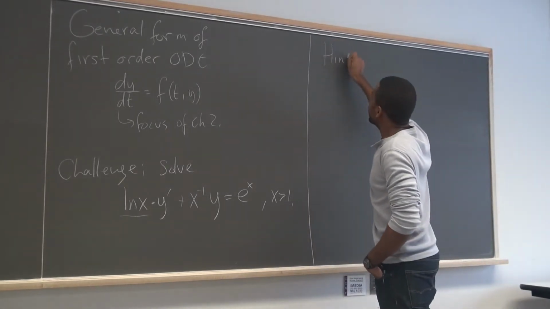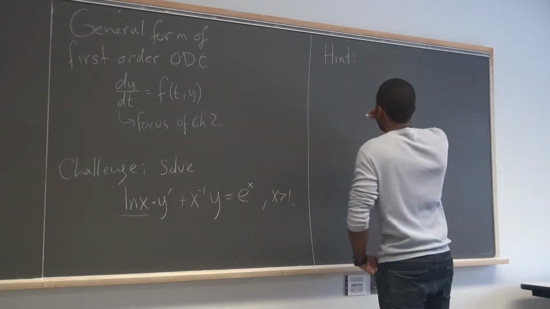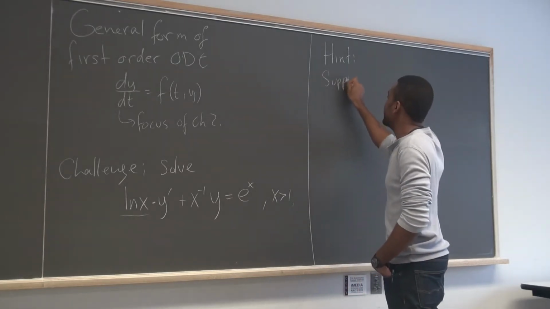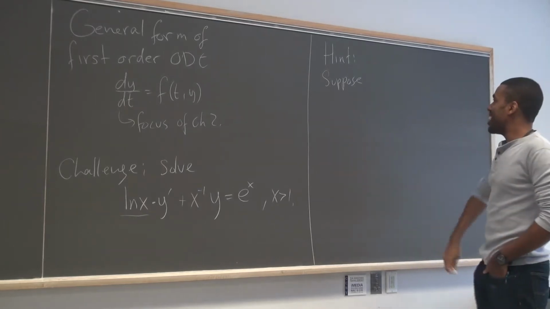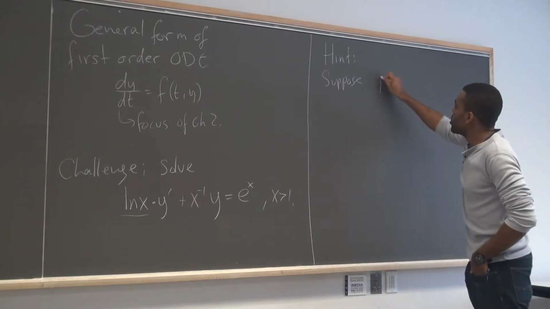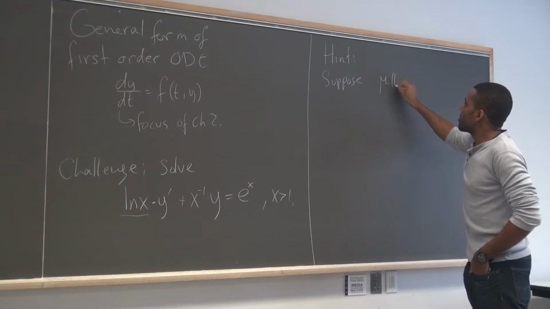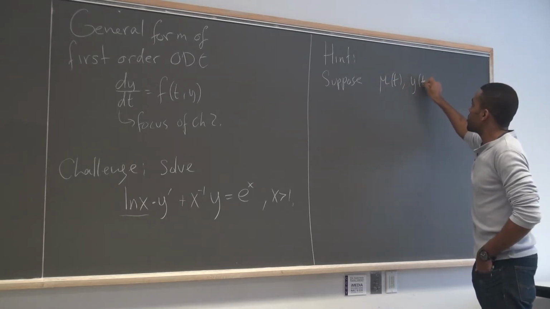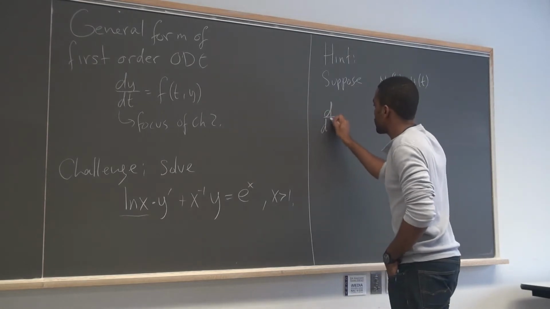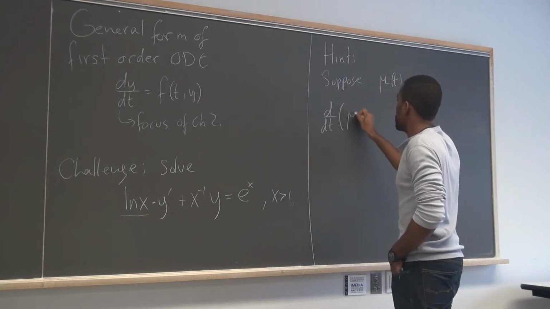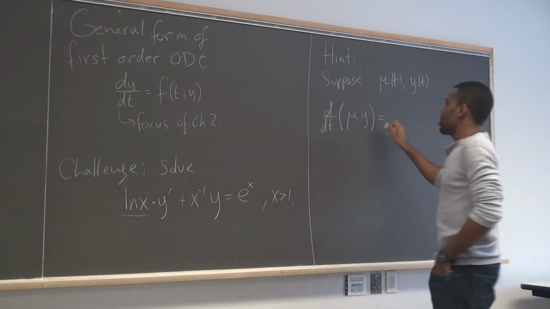I'll give you a hint. Suppose mu is a function of t and y is a function of t. If I take the derivative of mu times y, what would be the result?